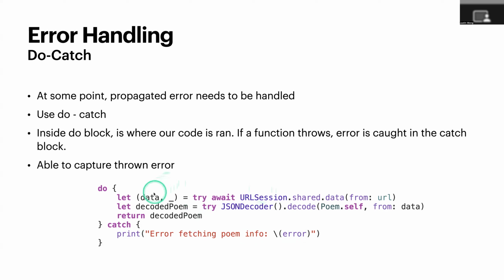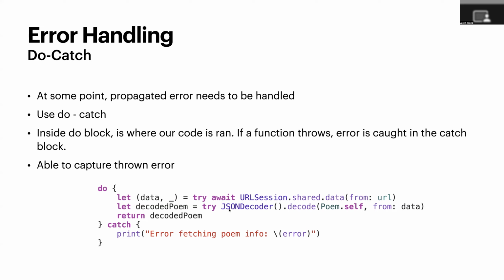Now let's say this line succeeds. Then we move on to the next line where we do the decoding. And again, this is throwable, because what if the data that we get is badly formatted, or maybe one of the properties in our poem struct has a typo?